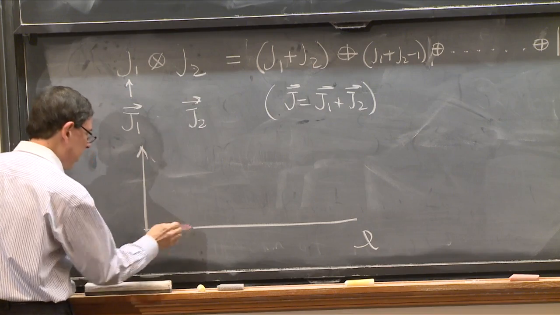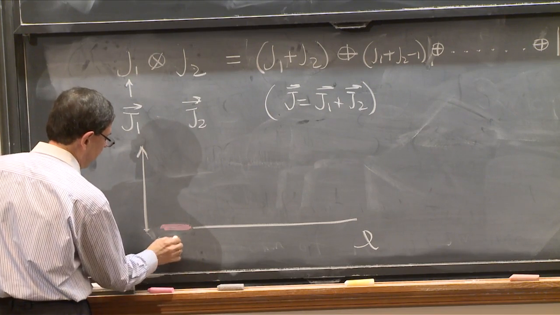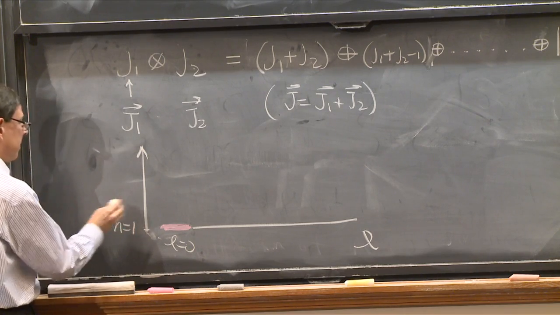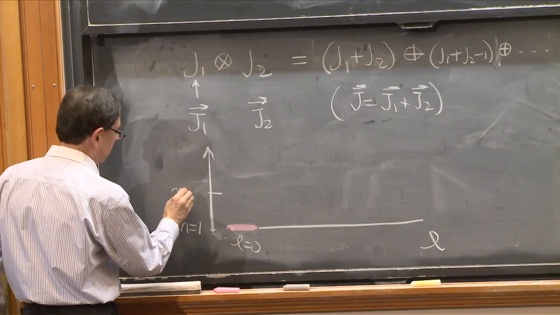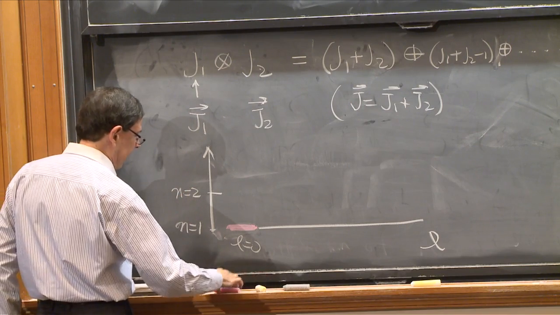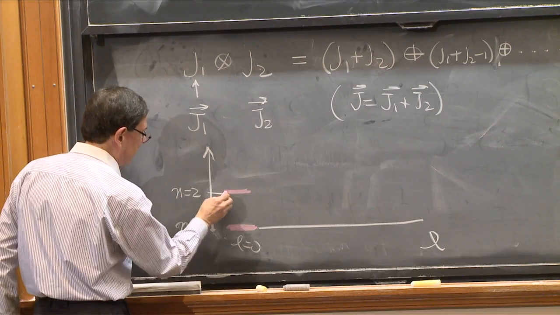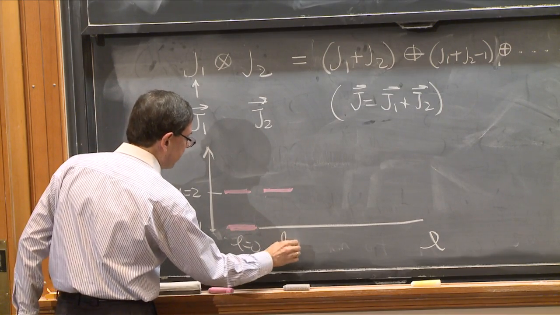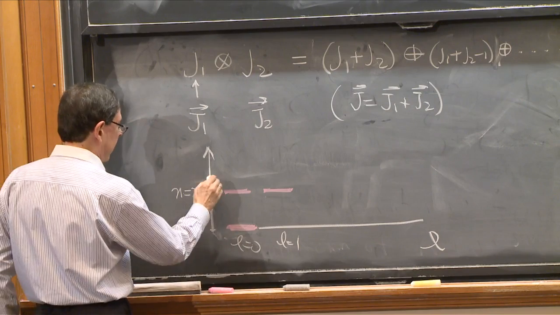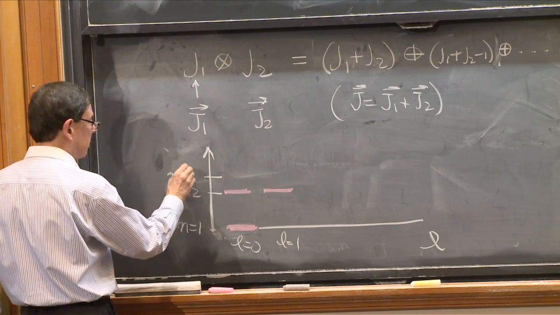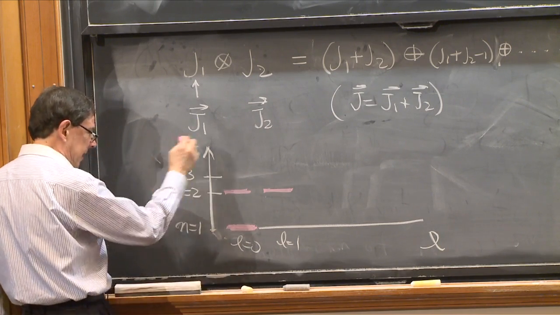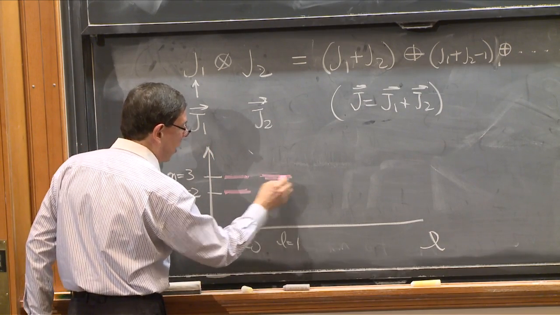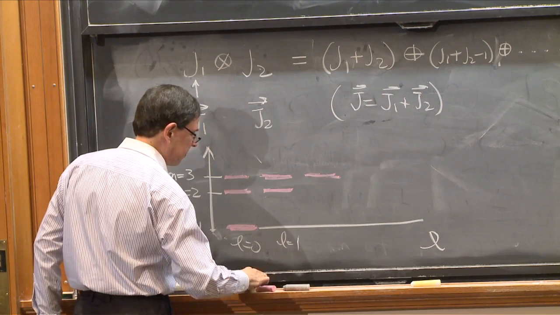Yeah, it's okay. L equals 0. And this was called n equals 1. There's an n equals 2 that has an L equals 0 state and an L equals 1 state. There's an n equals 3 set of states that come with an L equals 0, an L equals 1, and an L equals 2.